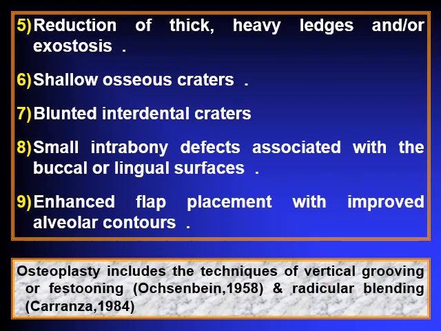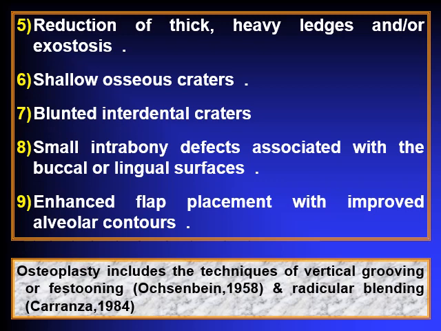Number five, reduction of thick heavy ledges or exostosis. Shallow osseous craters or blunt interdental craters, or small intrabony defects associated with the buccal or lingual surfaces. So you have to study these items very well, the indications of osteoplasty.